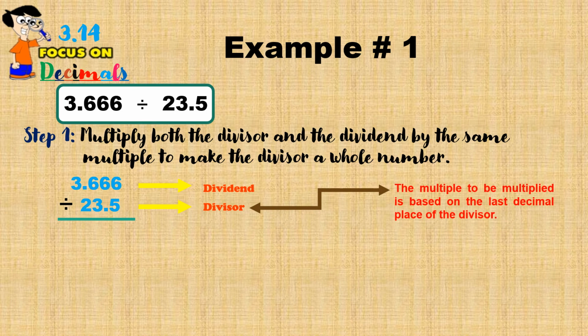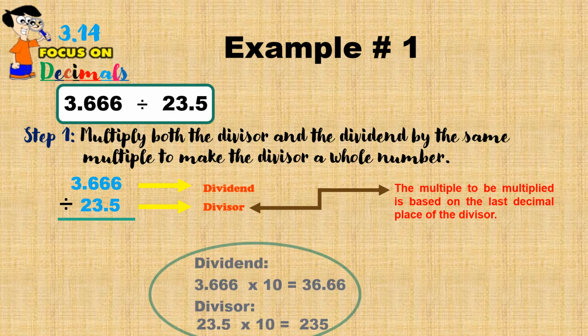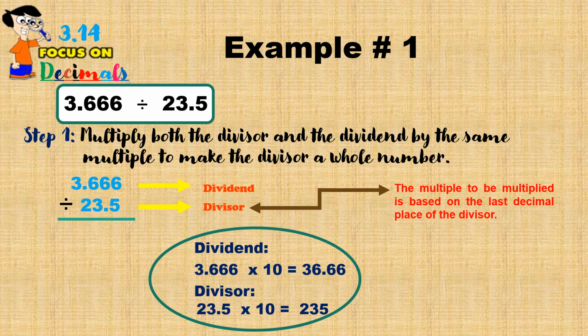The multiple to be multiplied is based on the last decimal place of the divisor. So the last decimal place of the divisor is tenths. So 3.666 times 10 equals 36.66. And 23.5 multiplied by 10 equals 235.